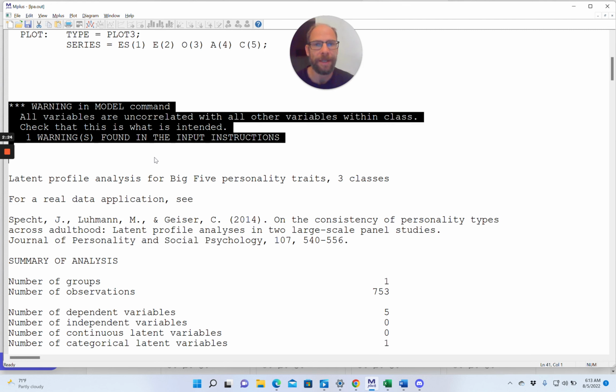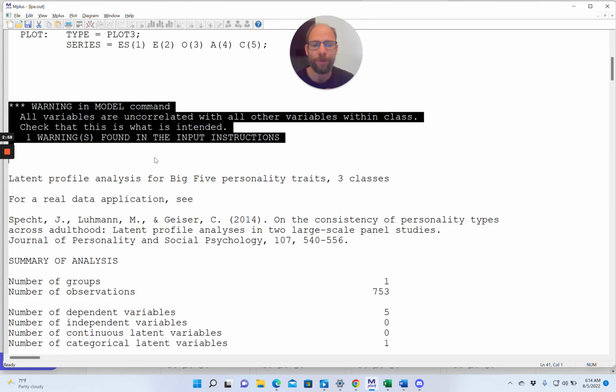So this is a warning that you will always get when you run a standard latent profile analysis, because the standard assumption in latent profile analysis is that you have no within class residual associations between your variables. Now you could have that, of course, you could allow for covariances between specific pairs of variables within one or more classes, but typically we don't do that at the beginning, because we want to try to explain all the associations between the variables by extracting multiple latent classes.